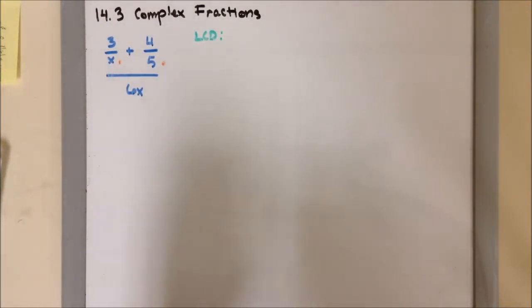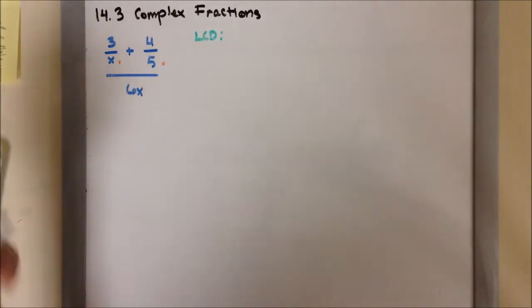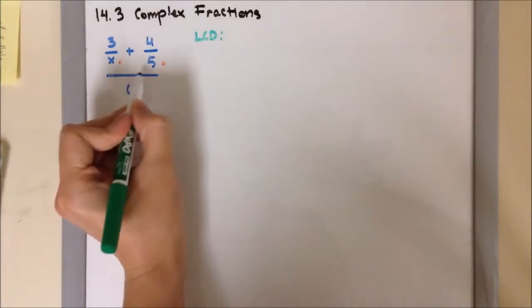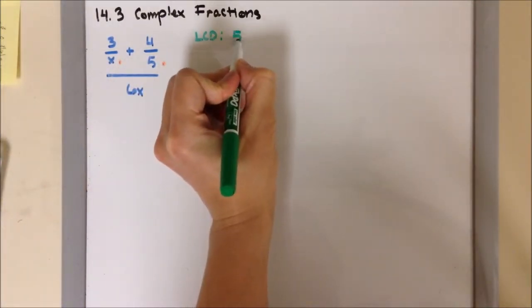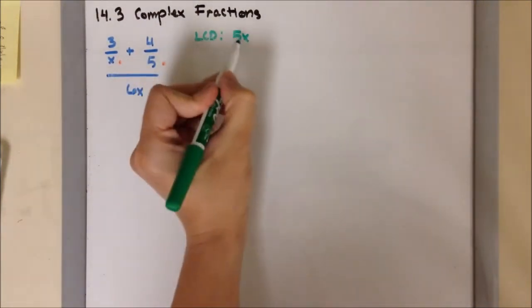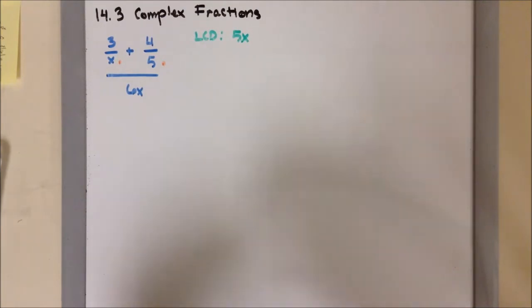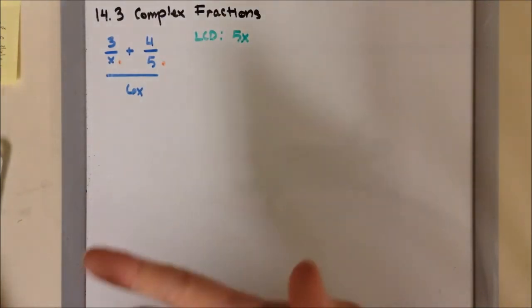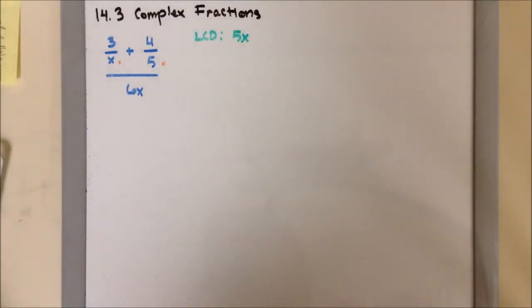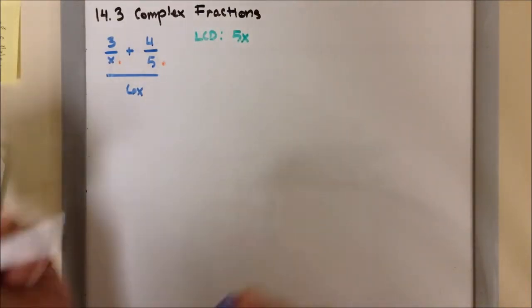So to have a common denominator, our LCD has to be the x and the 5, which is basically 5x. First, I have to explain what we have to do with the LCD. So let me rewrite the example problem down here.